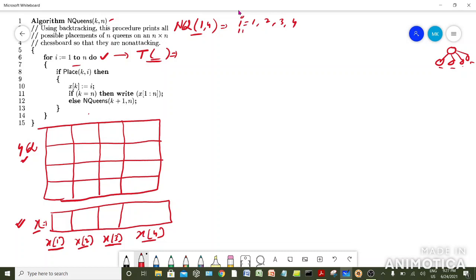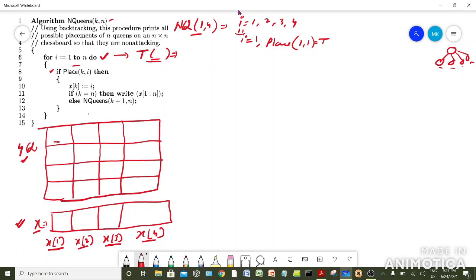So first it tried option number 1, means when i was equal to 1. It made a check whether place(1, 1) is true or not. Means it is trying to place the queen here. We can very easily place it because it is going to return true. Just try to trace place with these arguments.